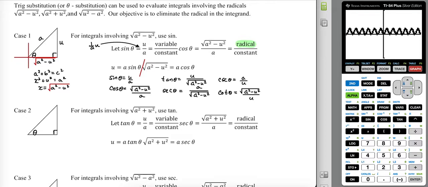Again, another spacing issue here; these should be two separate equations. I'll make the edit on that at some point. So out of all the different possible ratios, I want one that is the ratio of the variable to the constant, and one that is the ratio of the radical to a constant.